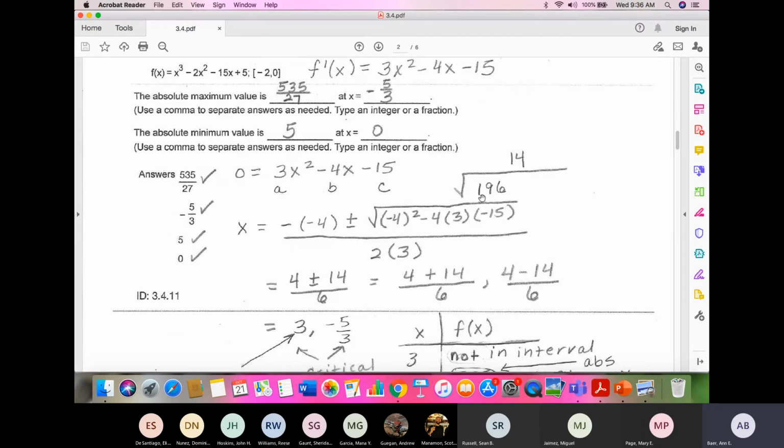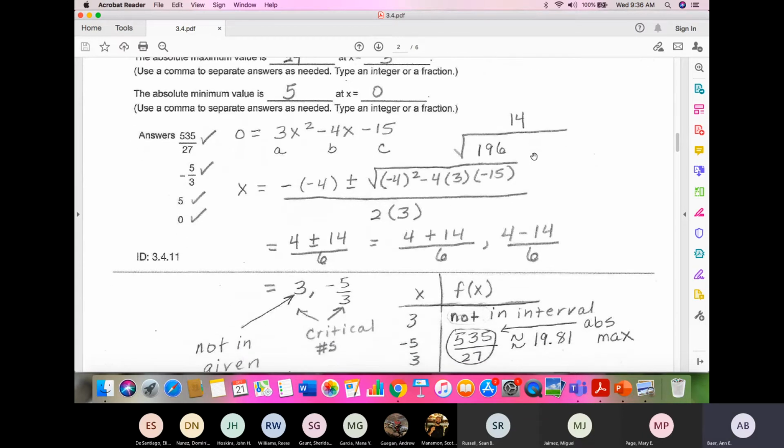Then I always like to work inside the square root. When I figured out what was inside, it turned out to be 196. The square root of 196, I did that on my calculator and saw that it was 14. So now what do we have?